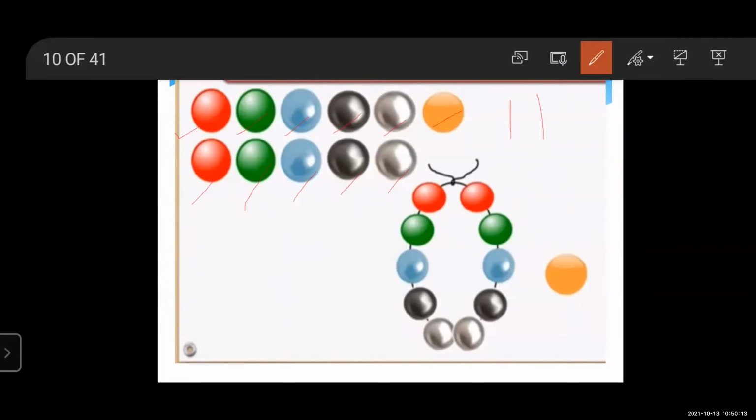Then what are you doing? You have to make the group. One and 10 is equal to 11.